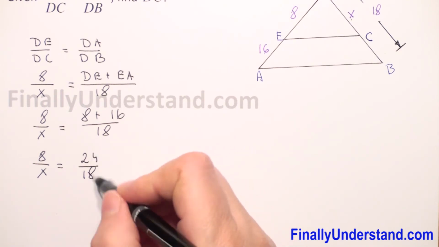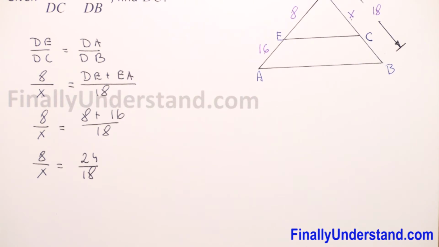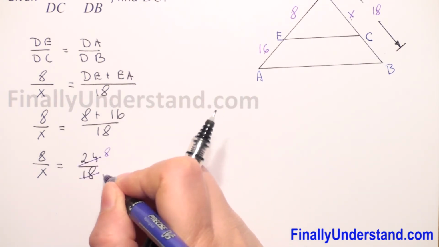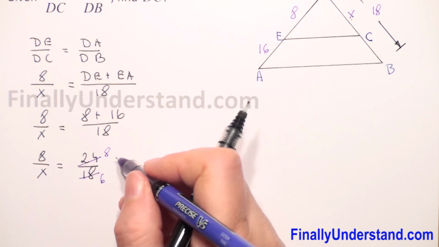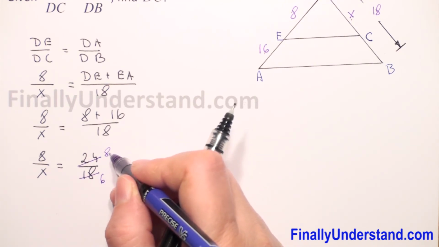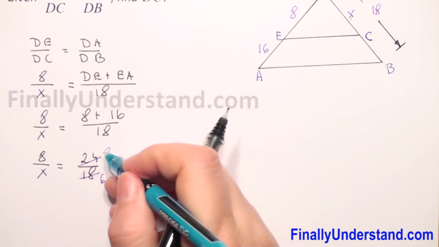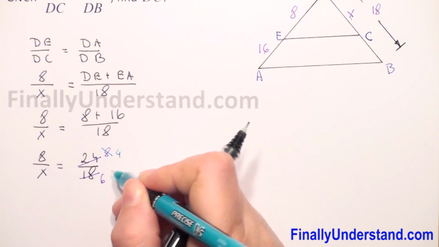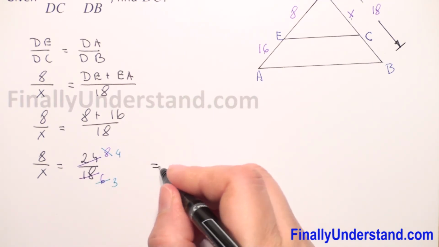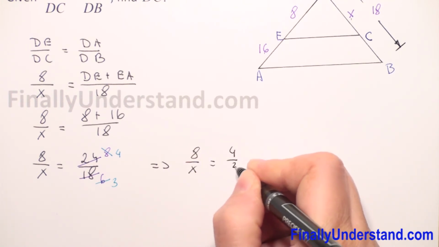What we can do here is reduce by 3, so it will be 8 and 6. And we can reduce also by 2, so it will be 4 and 3. So we have that 8 over x is 4 over 3.